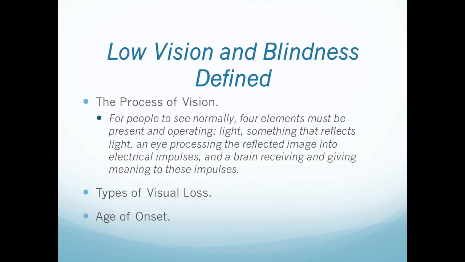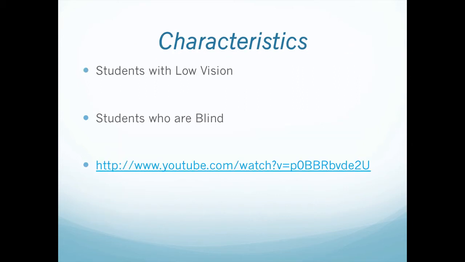Types of visual loss can affect visual acuity and peripheral vision. The degree of visual loss can be divided into 2 categories, or 2 subgroups: low vision and blindness.